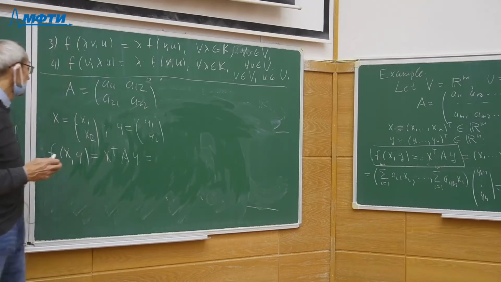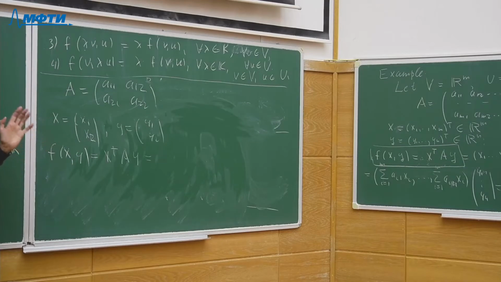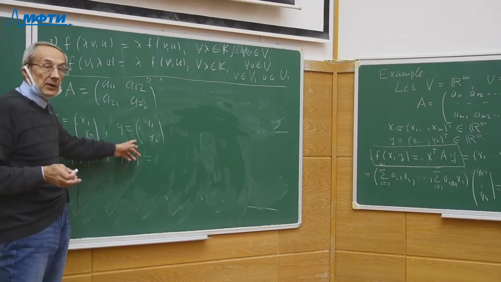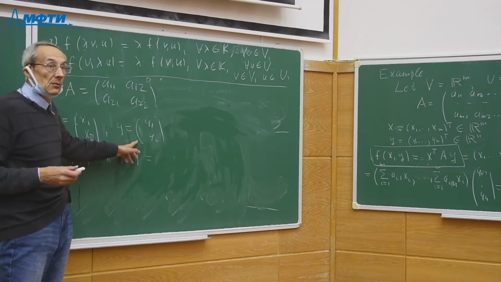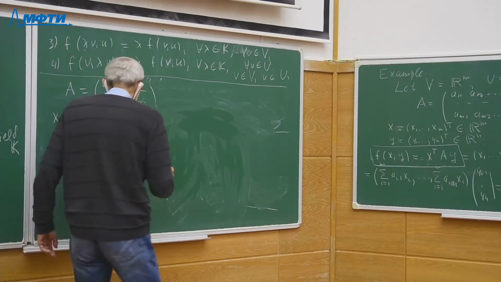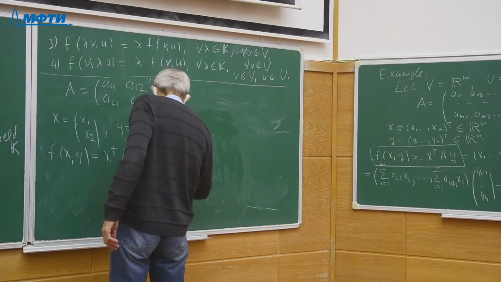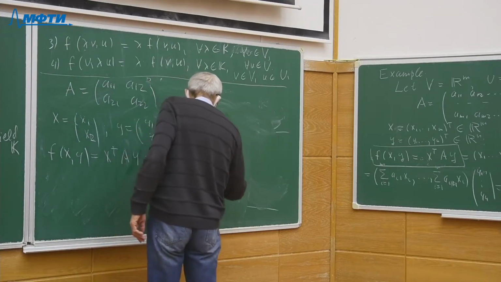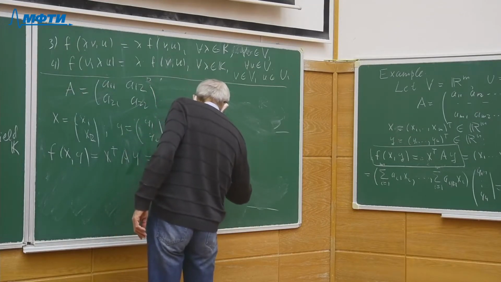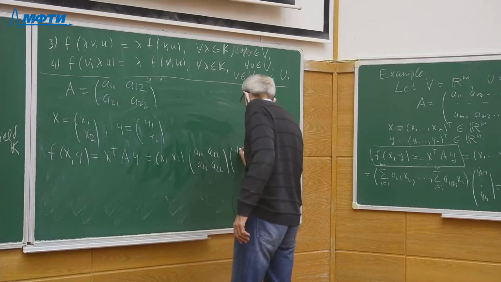This column vector is an example of a matrix, and this row vector is also an example of a matrix. And we obtain the following product: X1, X2, our matrix A11, A12, A21, A22, and the other vector Y1, Y2.